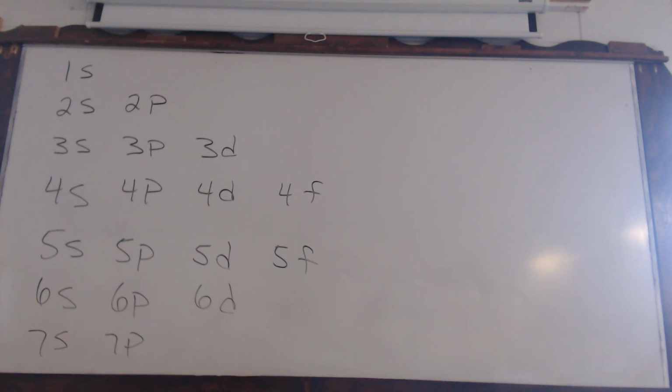What does that say right there? S block. What does that say? P block. What does that say? D block. What does that say? Okay? What do you suppose these are? S block, P block, D block, F block. So these are not just your energy levels, but they're also your blocks.